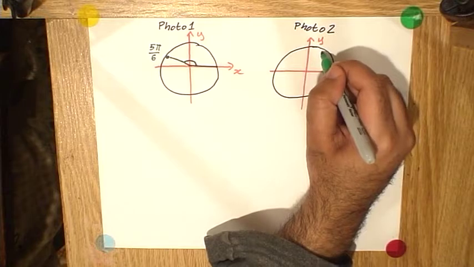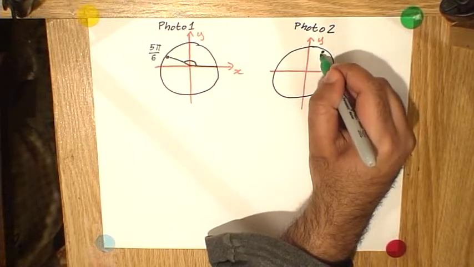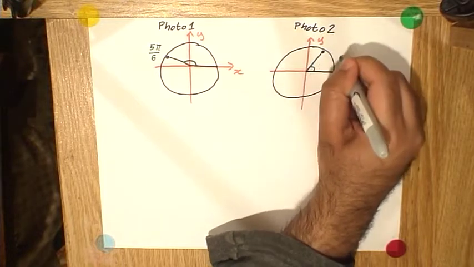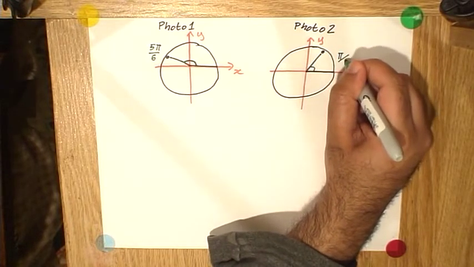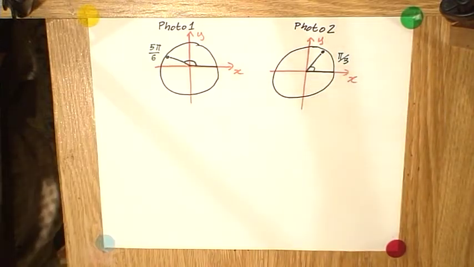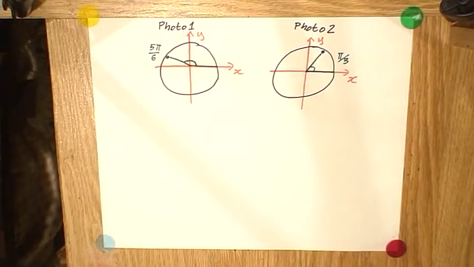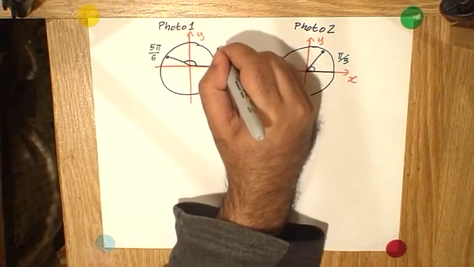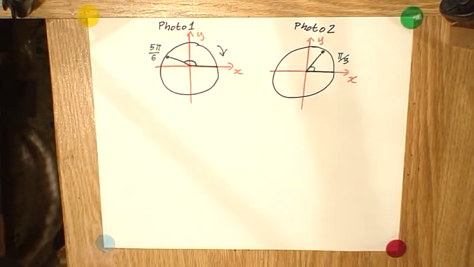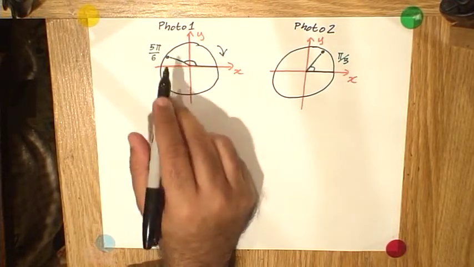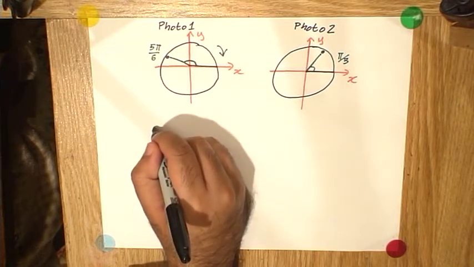In the second photo, the marker is located at pi over 3 radians, which is 60 degrees. Now, we were additionally told that this disk was rotating clockwise. That's the negative direction. Let's take a look at what the displacement would be, the angular displacement of this marker.